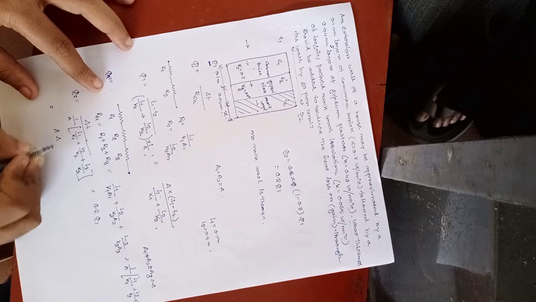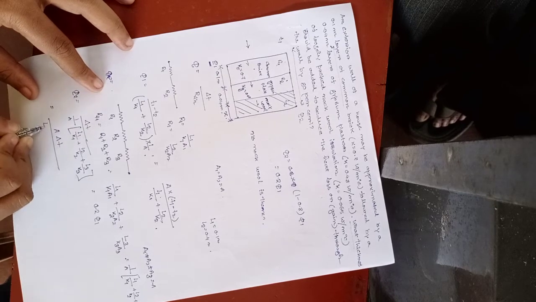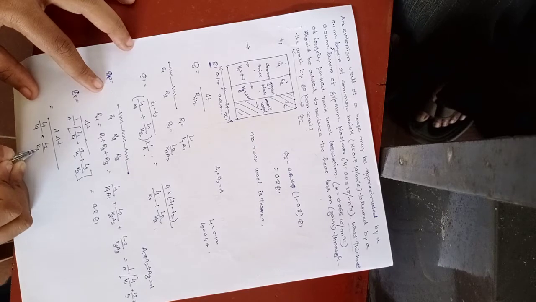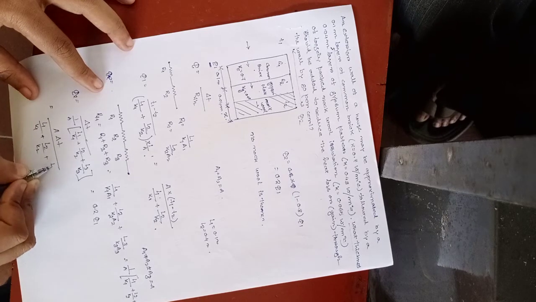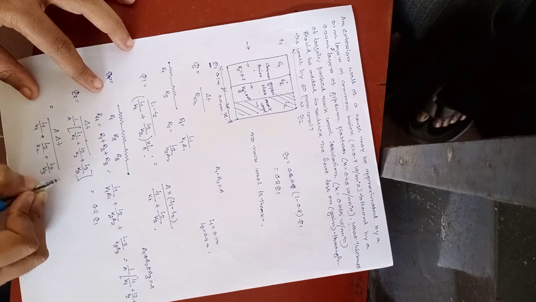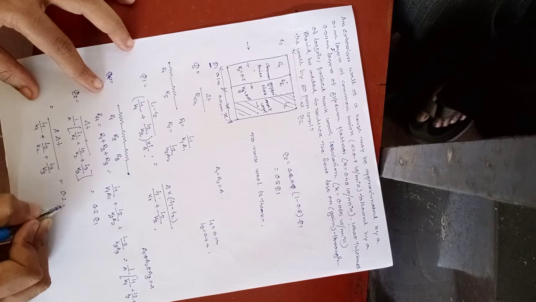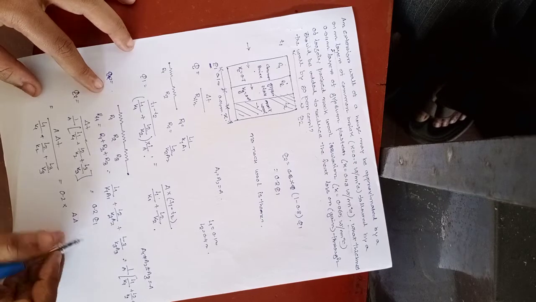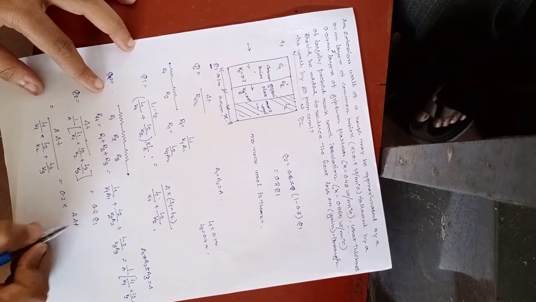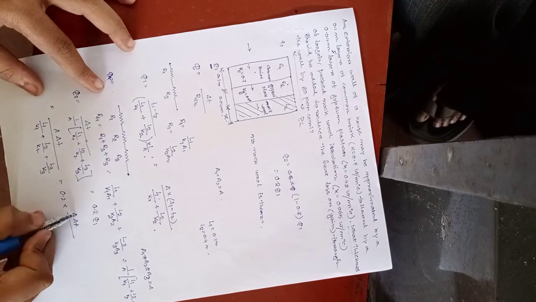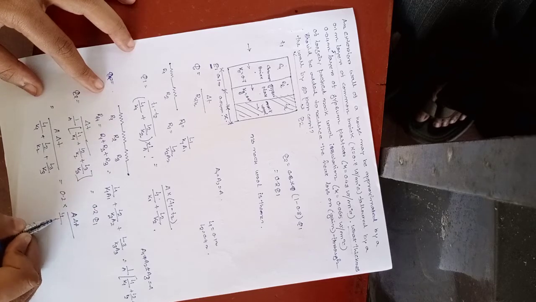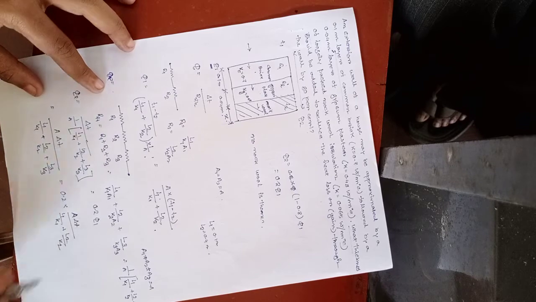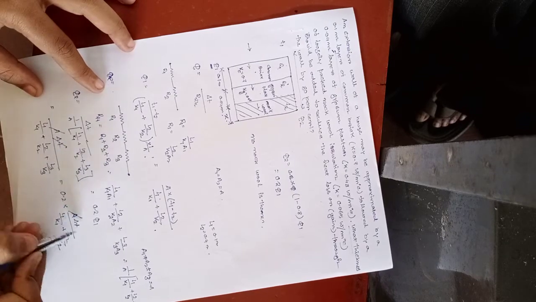A del T by L1 K1 plus L2 K2 plus L3 K3 is equal to 0.2 into A del T by L1 K1 plus L2 K2. So A del T will cut down.